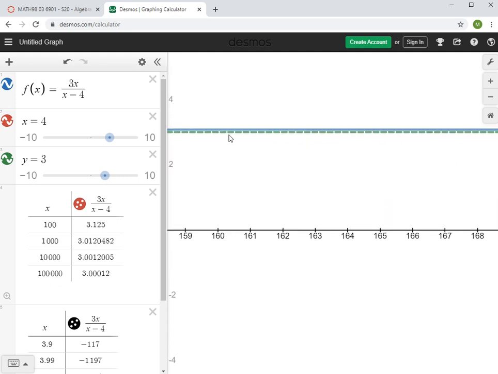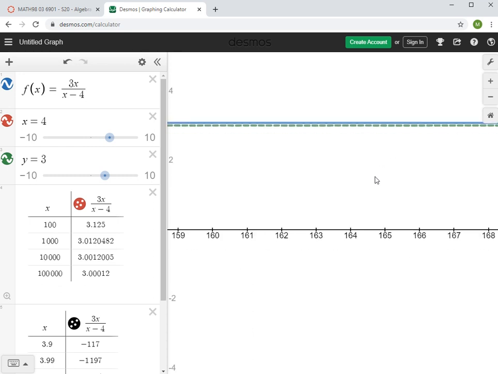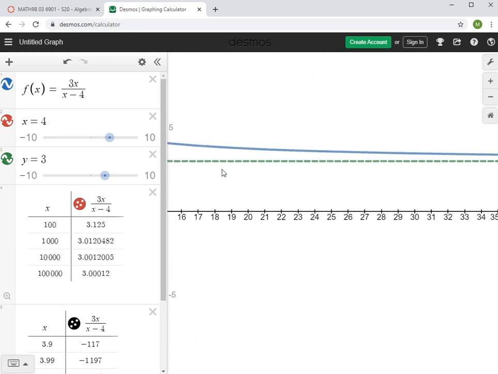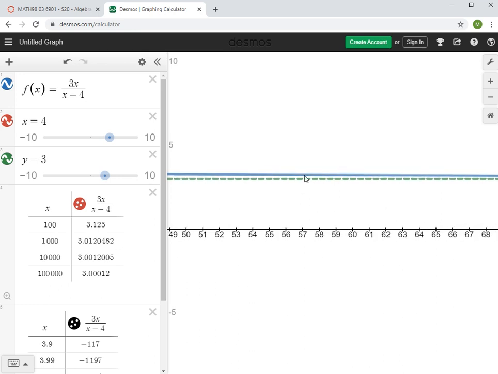You can see y is equal to 3, right between 2 and 4. And our graph in blue is becoming infinitely close to this green horizontal line at y equals 3. So we're approaching that horizontal line as we make x big. We'd call that green line a horizontal asymptote. We used that same term in the first question.